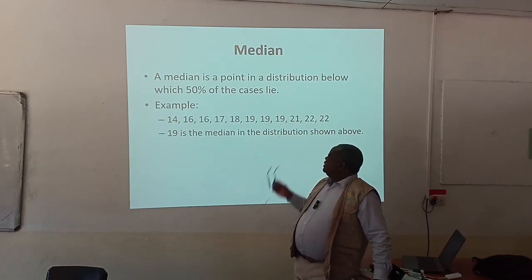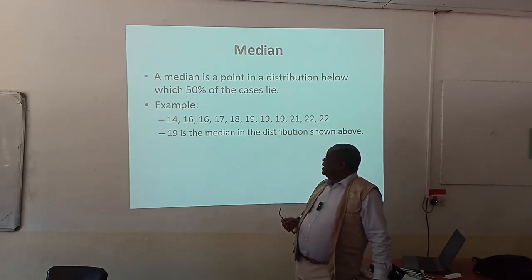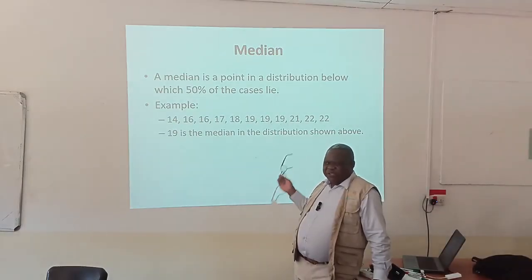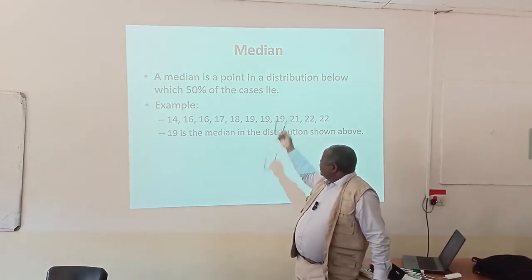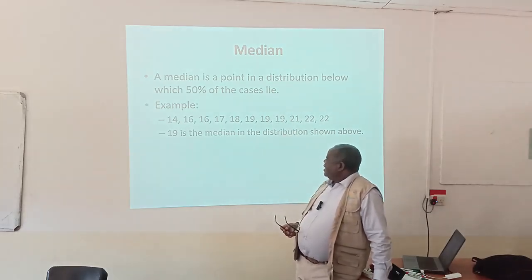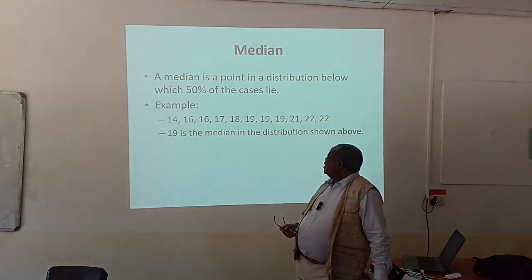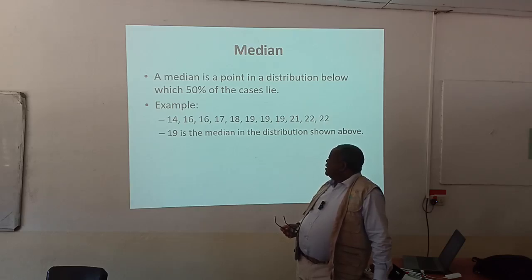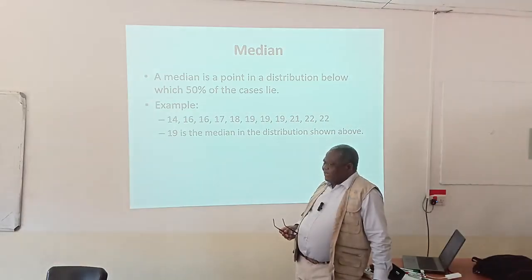The second measure of central tendency, the second average you can use is a median. And the median is a measure which refers to the point at which 50% of the scores in a distribution lie below it.